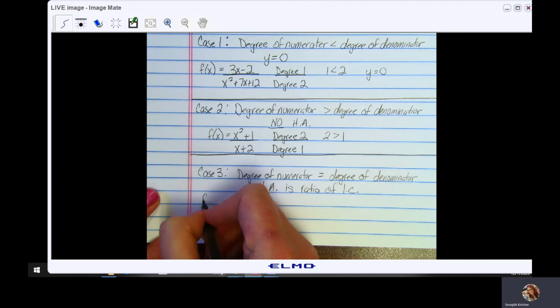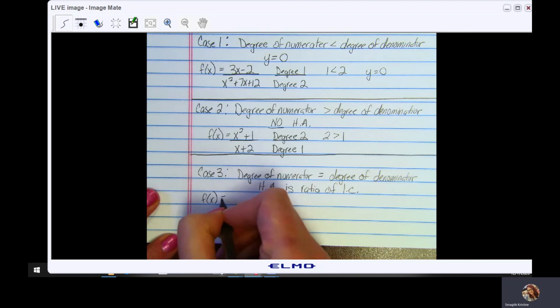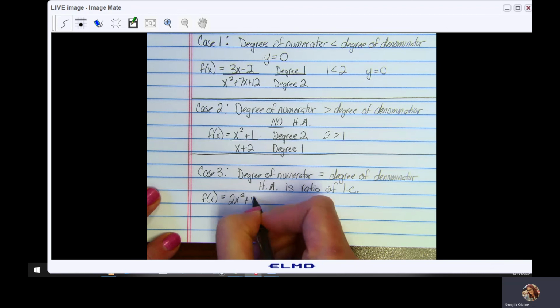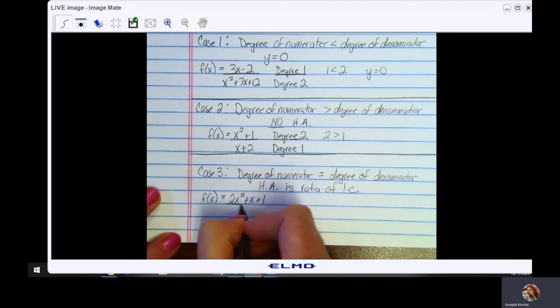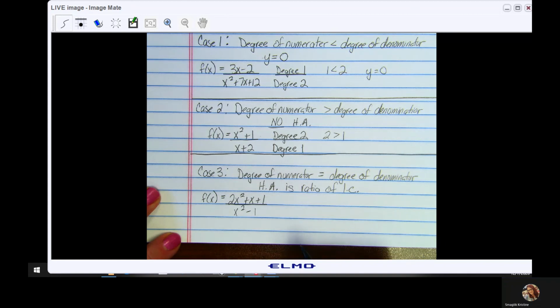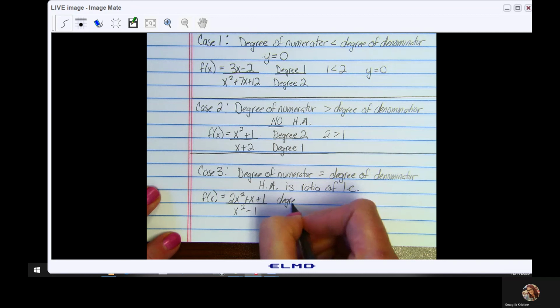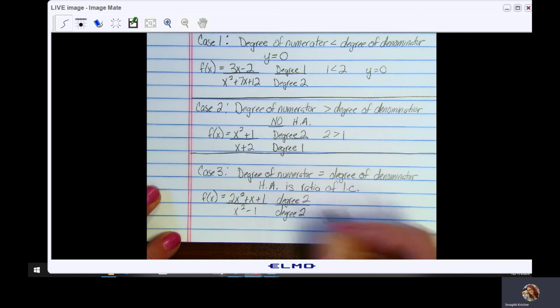If I give you f of x equals 2x squared plus x plus 1 all over x squared minus 1. Okay, so we have degree of 2 and another degree of 2.